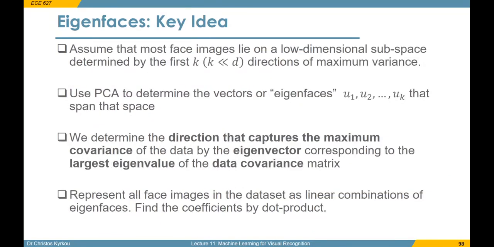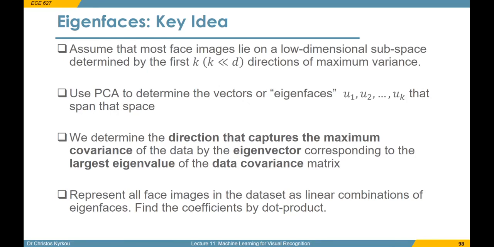So we assume that faces lie on a low dimensional subspace that can be determined by the first k, which is a parameter we can choose, and it's much lower than the original dimensionality of the image vector.